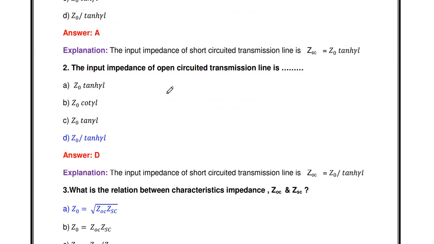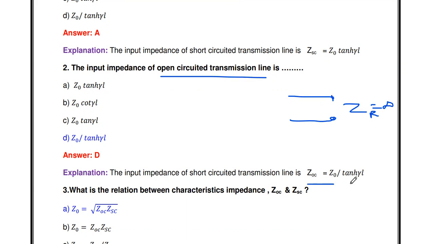Then the next one: the input impedance of an open circuited transmission line is dash. Open circuited transmission line means the receiving end is open circuited, so the load impedance ZR is infinity. If we substitute ZR equal to infinity in the input impedance formula, we get the input impedance of the open circuited line.